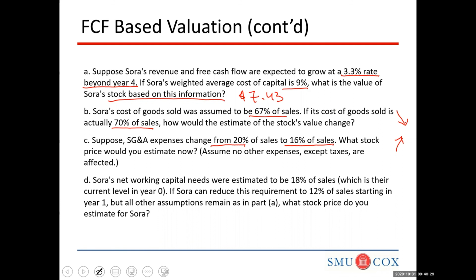And then in the third case, Zora's net working capital needs were estimated to be 18% of sales, which is their current level in year 0. But again, pay attention that this working capital is not change in working capital. This is the balance sheet amount. And then they're saying, if Zora can reduce this requirement to 12% of sales starting in year 1.